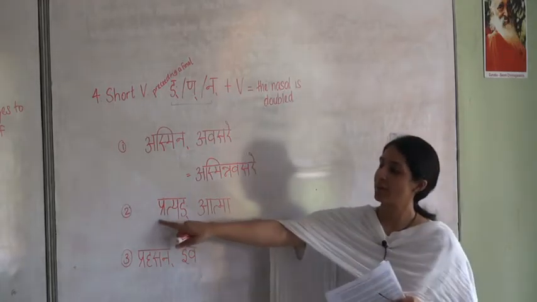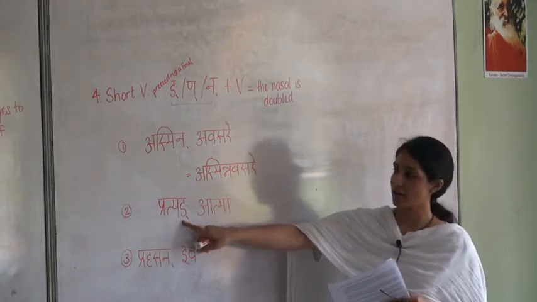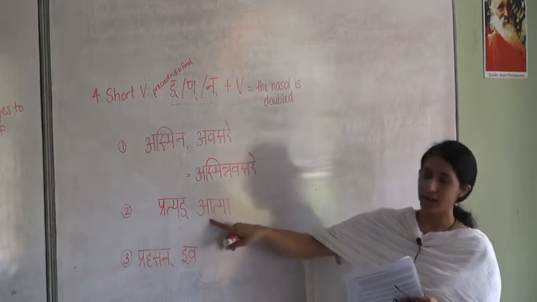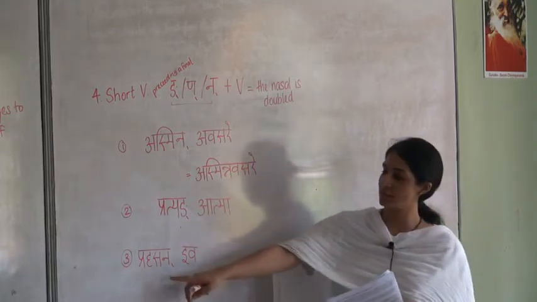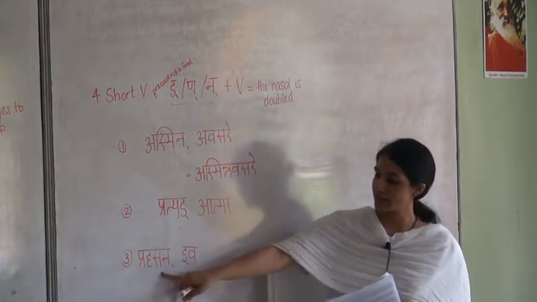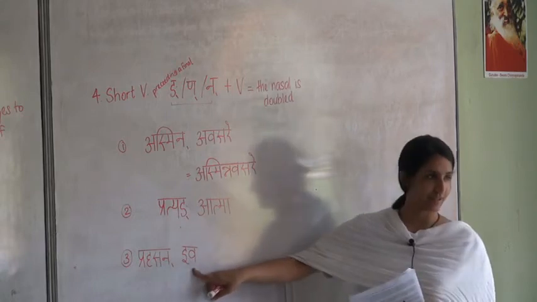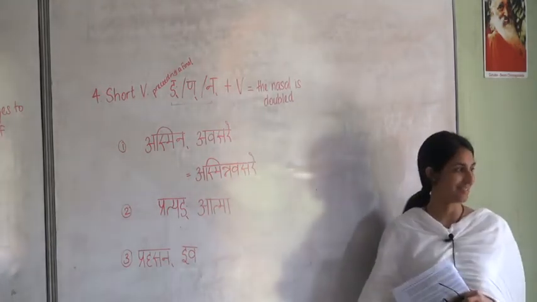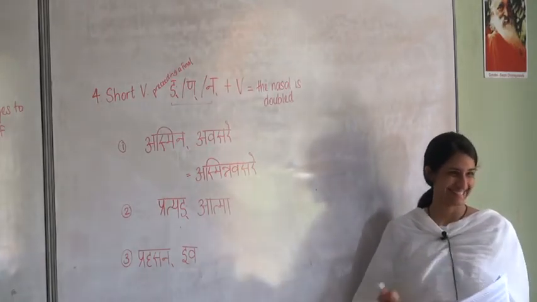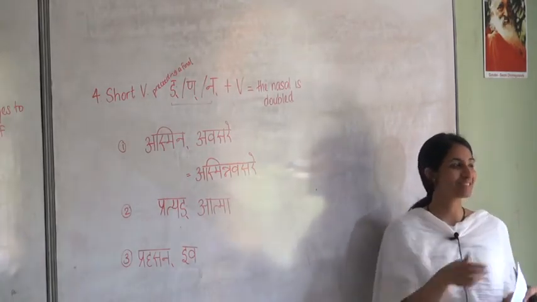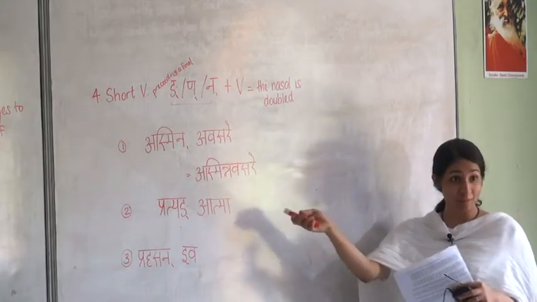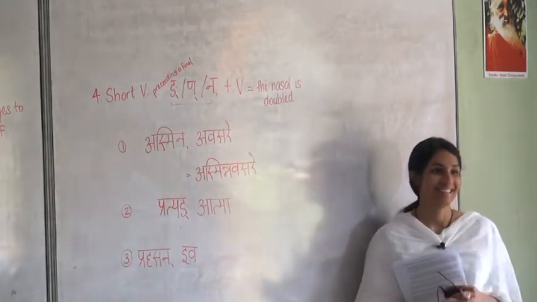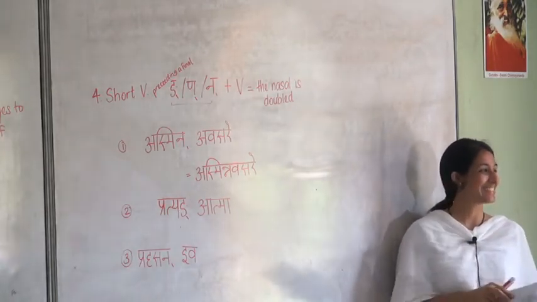What's this word? Pratyag. Pratyang Atma. Right? This one is prahasan iva. Okay? So now try what they'll turn into. When Swamiji was teaching us, he used to make us come up on the board and write. Right?